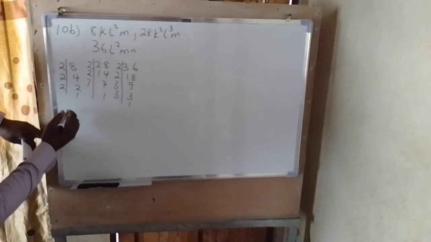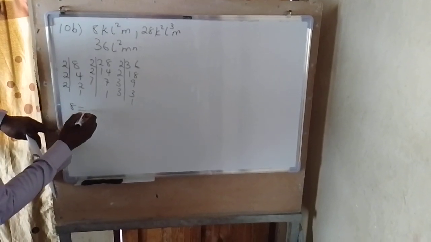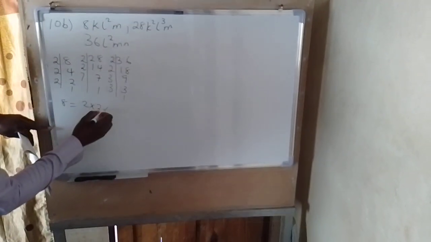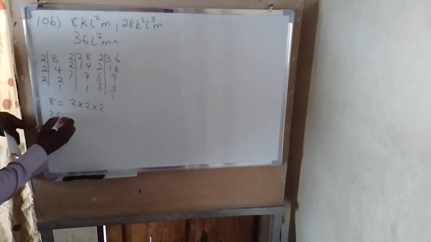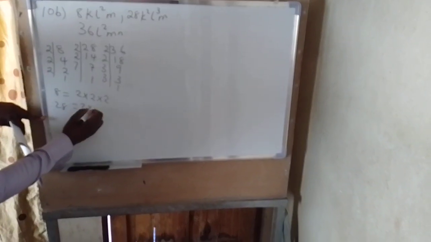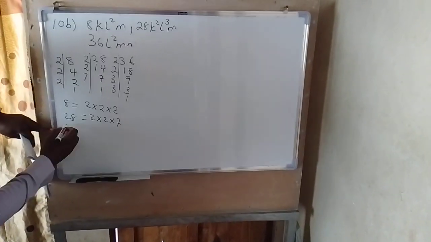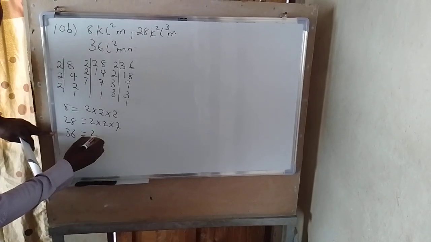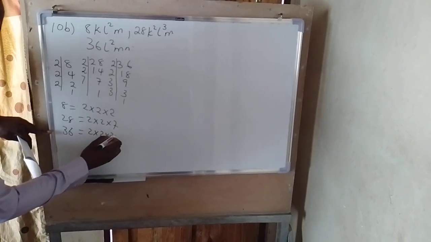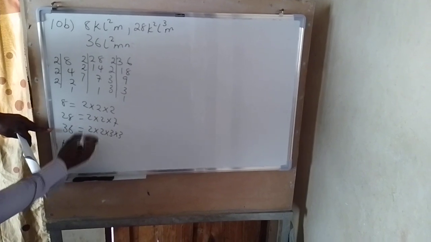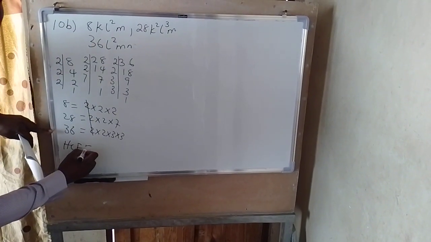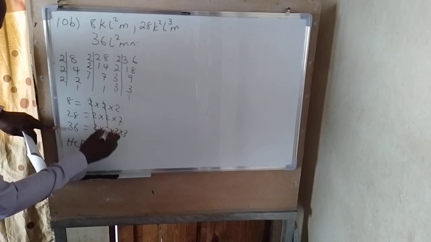Now, our 8 is equal to 2 by 2 by 2, simply take these factors. Then our 28 is 2 by 2 by 7, then our 36 is 2 by 2 by 3 by 3. Now, the highest common factor, HCF, is this 2 times this 2.